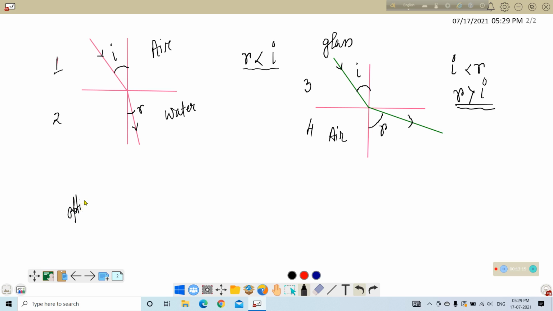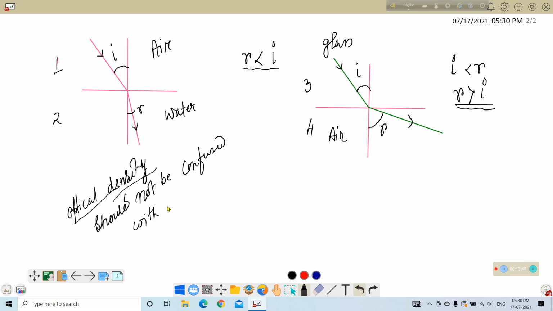Optical density is the basis upon which the terms denser or rarer are used. Actually, this optical density determines whether the medium is denser or rarer. This optical density should not be confused with the physical density.